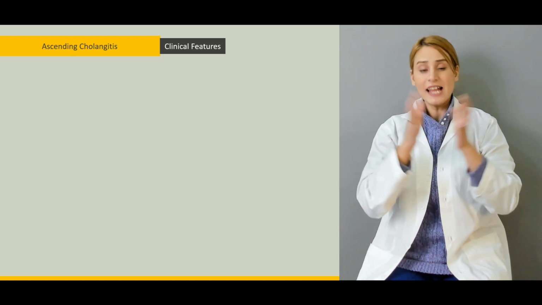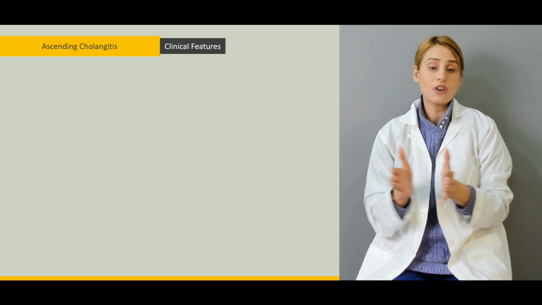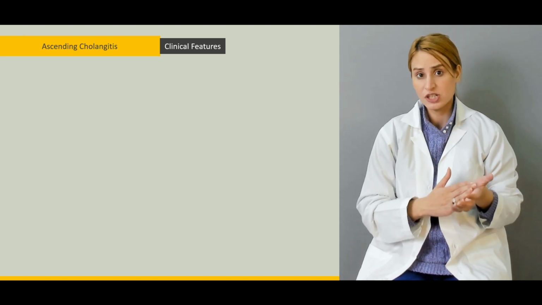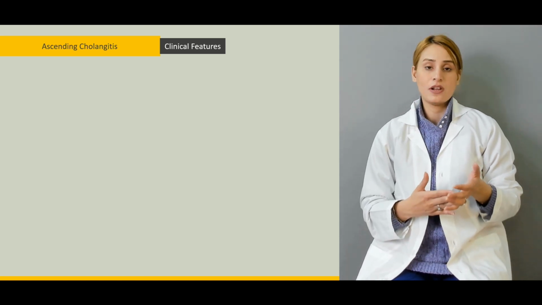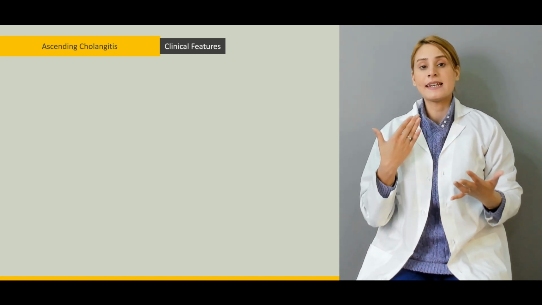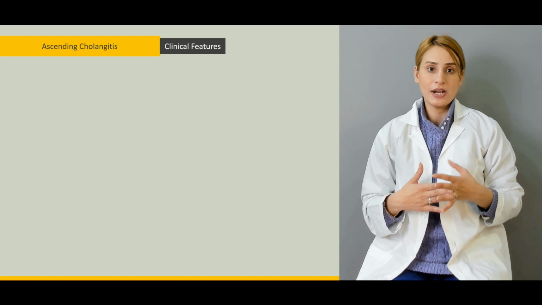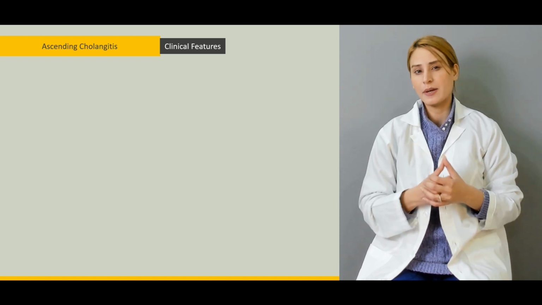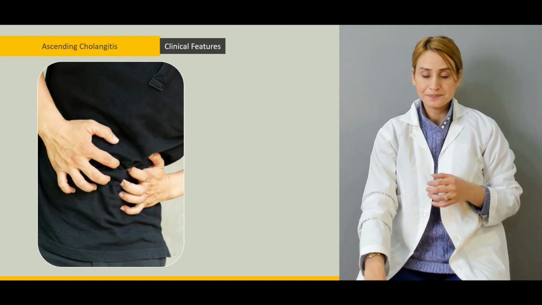So if the classical triad is present, like the Charcot triad, he has fever and chills, he gives you a history of cholelithiasis, he has obstructive jaundice, and he is also complaining of right upper quadrant pain, then you have to think about ascending cholangitis.